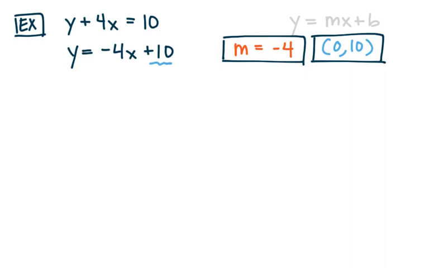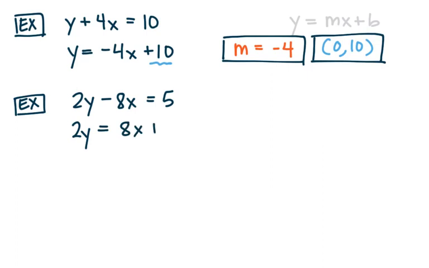Let's just look at one last example. For this last example, I have 2y minus 8x equals 5. Again, we need to get this reorganized. So first thing I'll do is add the 8x. So I've got 8x plus 5 on the right side of the equation. Then I'll divide everything by 2.